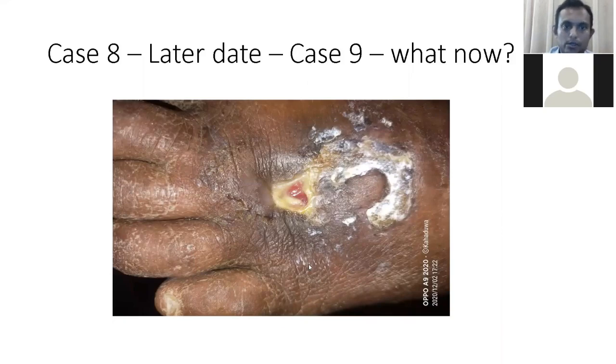Dulani Karunan says Metrogyl is enough. No, there is still exposed tendon. If this gets septic, if there's a septic focus here, it will go through the whole tendon and give rise to a full-blown cellulitis, so sepsis.